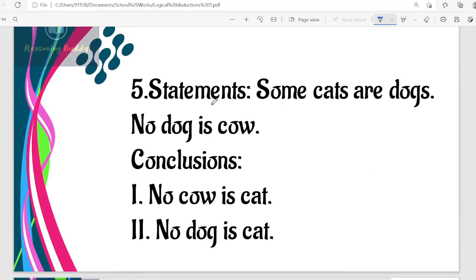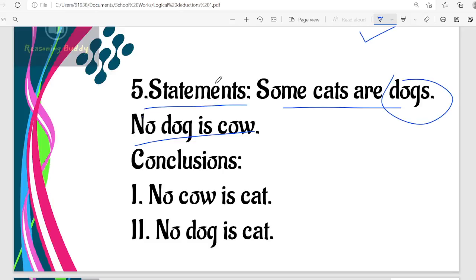Fifth one. Statements: some cats are dogs, no dog is cow. So what is the common term? Dog. First rule possible, second rule dog is distributed at least once, and the third rule not possible, fourth rule not possible. Fifth and sixth rule both are possible in this case because particular is there and negative is also there. So in conclusion there must be particular or negative or both at a time.